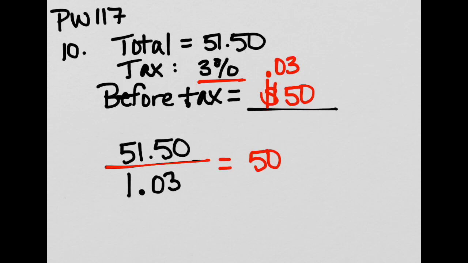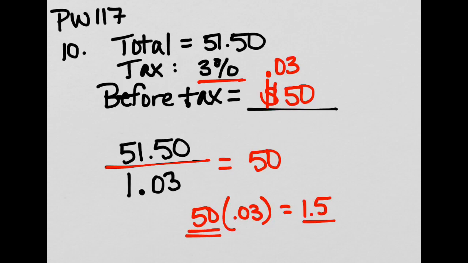And we can double check that and say, okay, 50 times 0.03 should give me 1.5. So 50 times 0.03 is going to give me 1.5. When I add that back to the original price, 50, it should give me 51.50, which is my total including tax. So that's our way to check it.